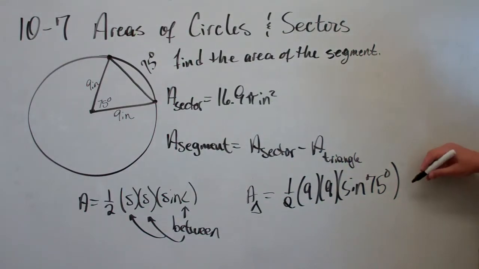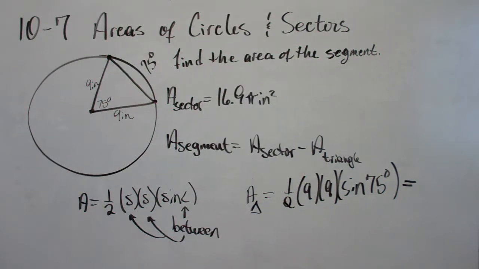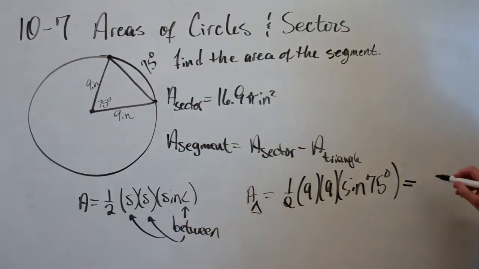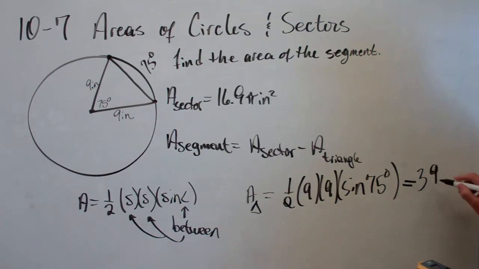So you just punch this into your calculator: 1/2 times 9 times 9 times the sine of 75. Making sure your calculator's in degree mode, you're going to get that the area of this triangle is 39.1 rounded to the nearest tenth.